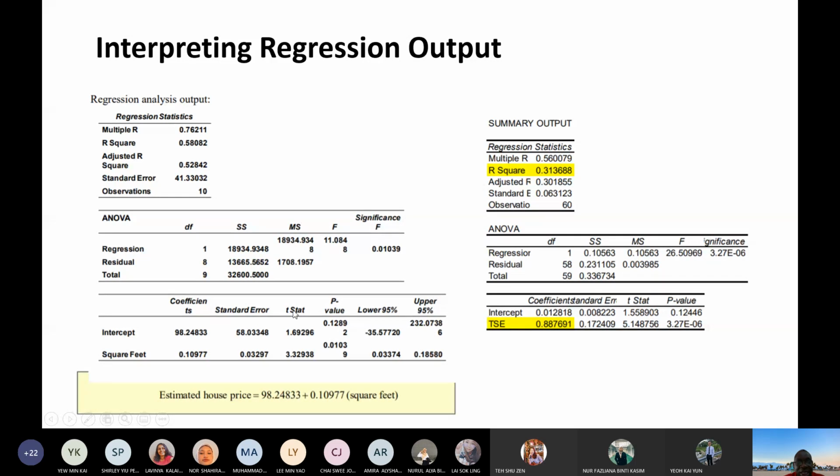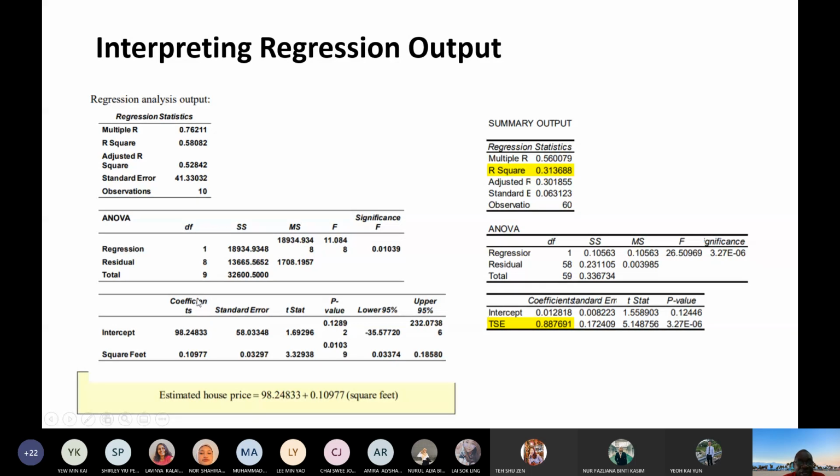Here, it tells us that the square feet, the size of a house, is contributing 58% to the price of the house. That means the size alone, how big the property is, contributes as much as 58%. So it's a factor to be reckoned with. This gives you an idea of what you need to do to have a better price for your house. That is the function of the R square.